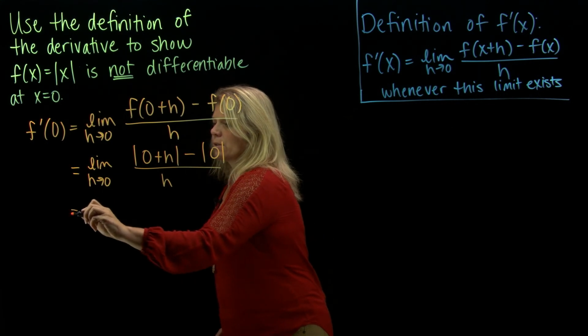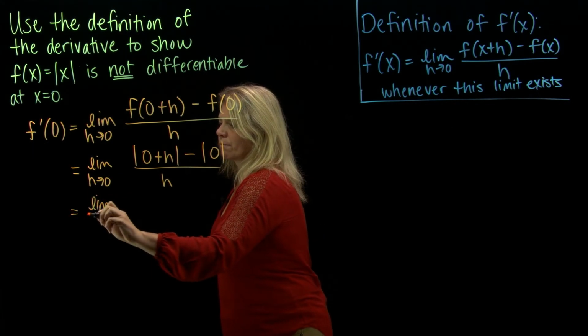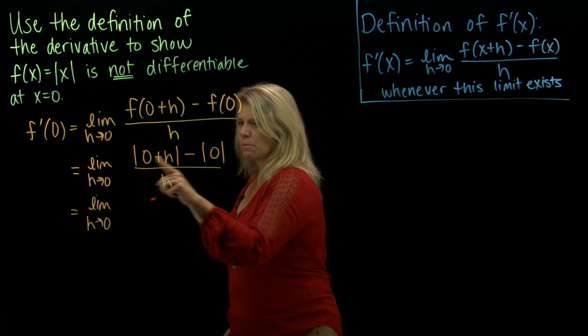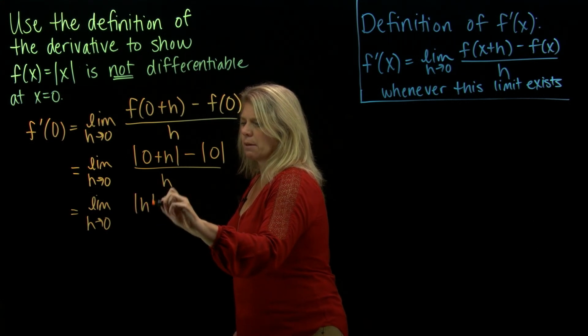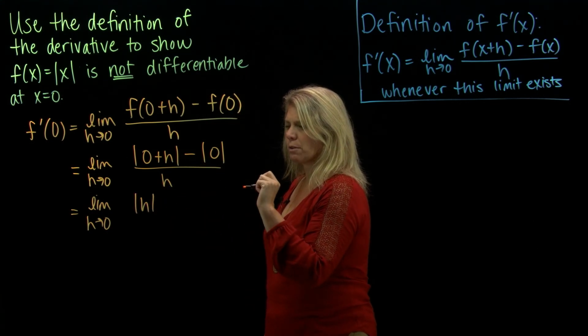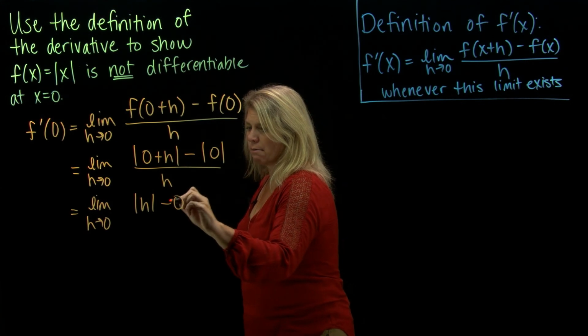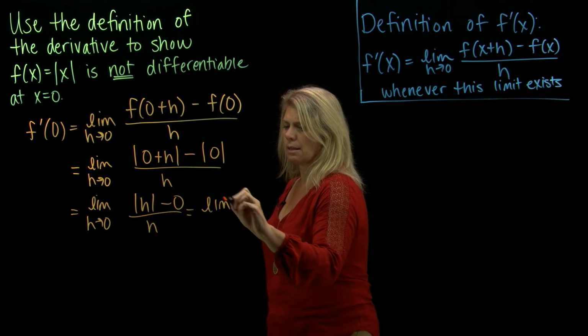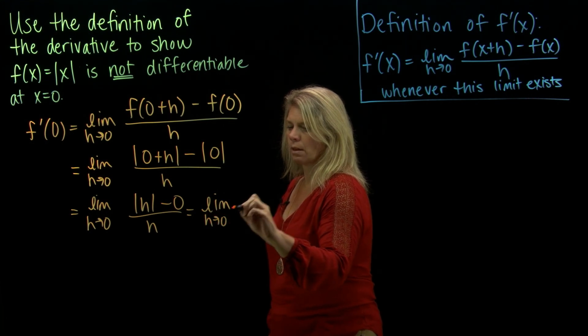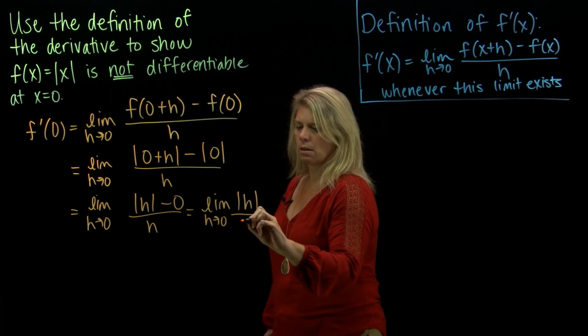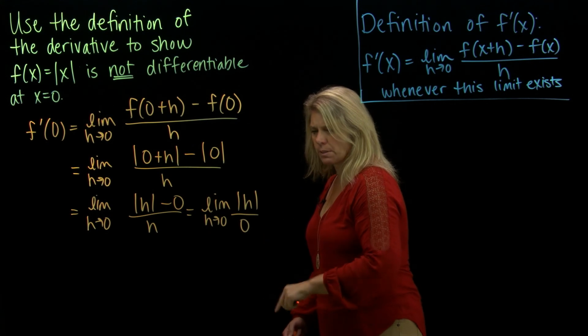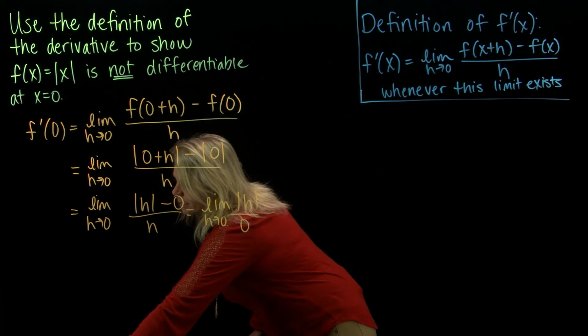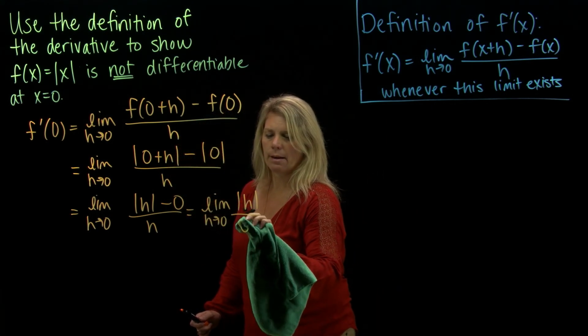All right, so let's do a little simplification here. Absolute value of 0 plus h is just going to be the absolute value of h. The absolute value of 0 is just 0. And so I end up with this limit. All right, so I need to think a little bit about, whoops, not 0 on the denominator there. That would be bad.